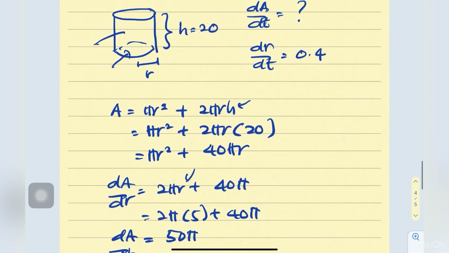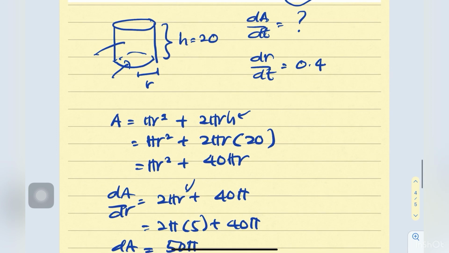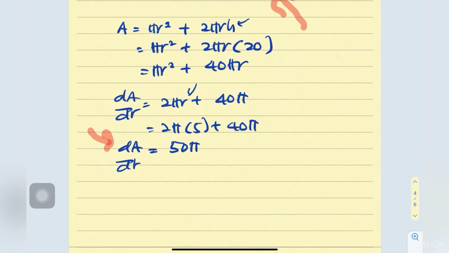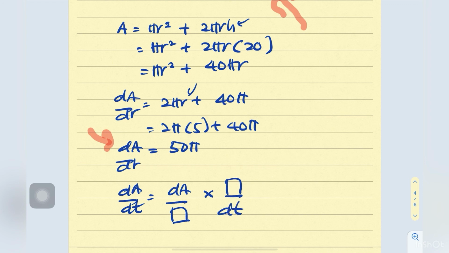Now we are going to find dA/dt. So we have to create the chain rule. So dA/dt, dr/dt, dA/dr. dA/dt equals to dA/whatever times whatever/dt. Now we have the clue.